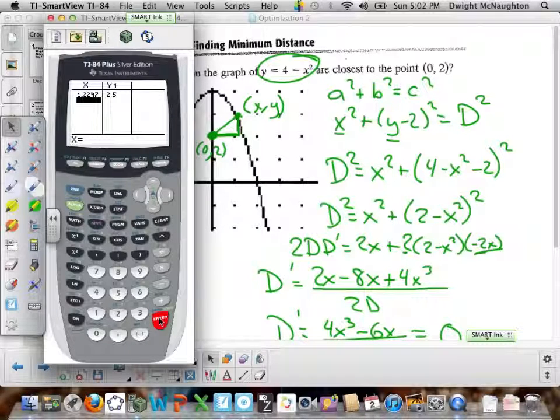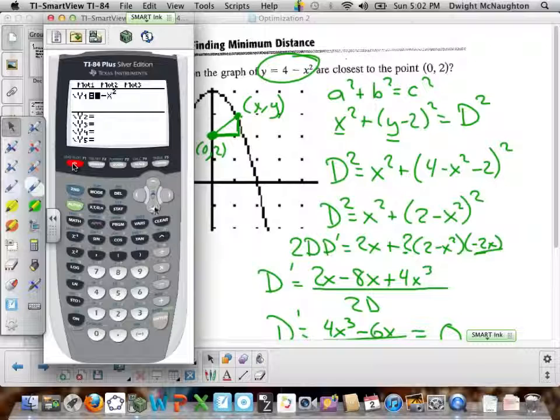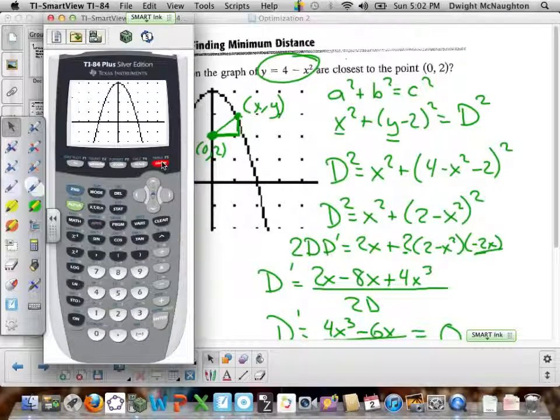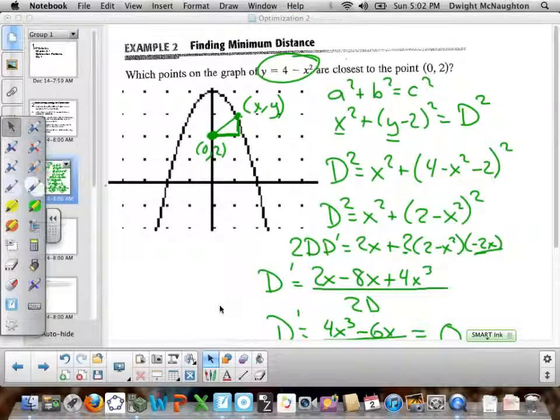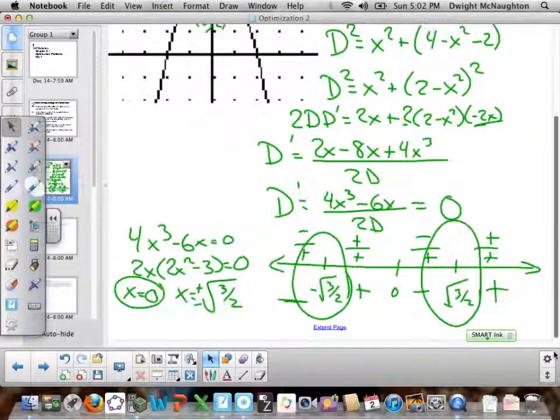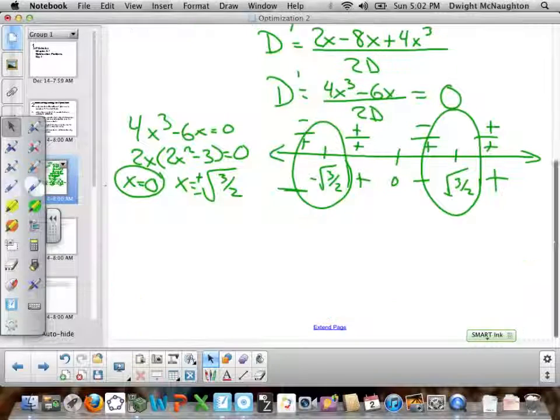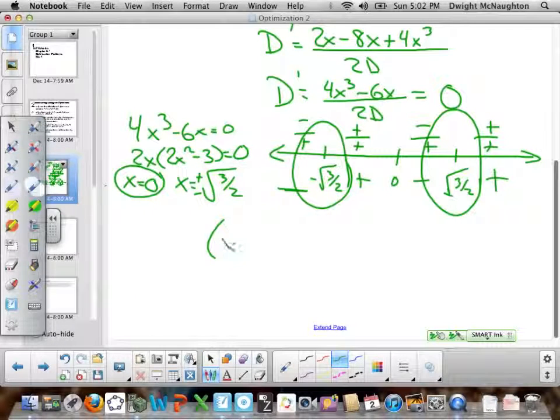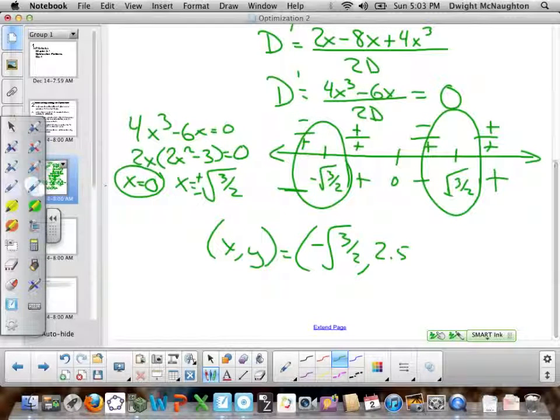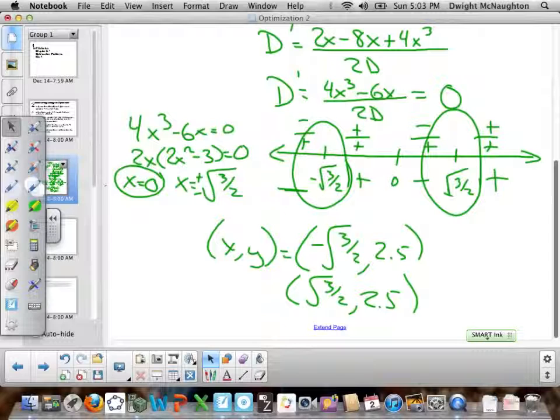So the values that are closest are (x, y) equals negative square root of 3 over 2, 2.5, and square root of 3 over 2, 2.5. All right, let's do one more.